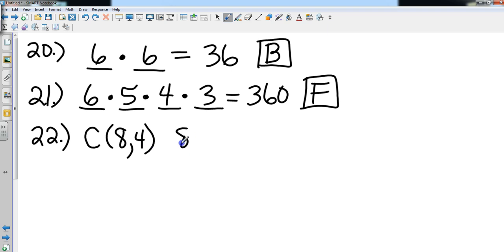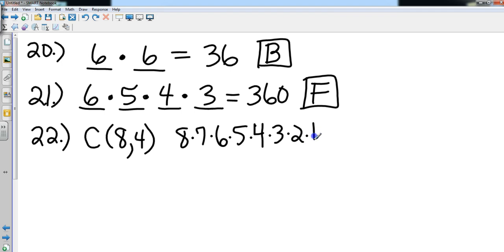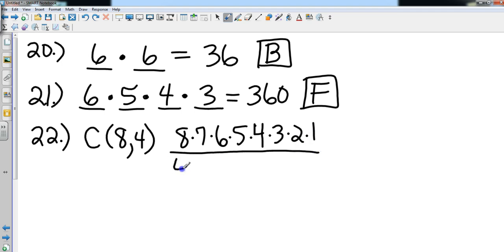So that's going to be 8 factorial all over 4 factorial times 4 factorial.